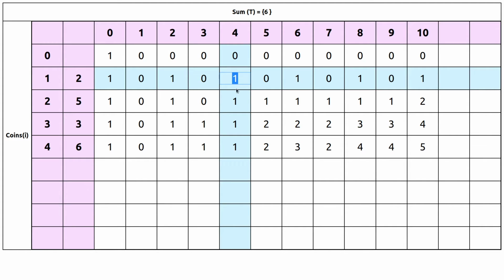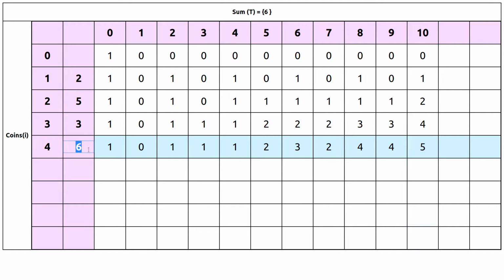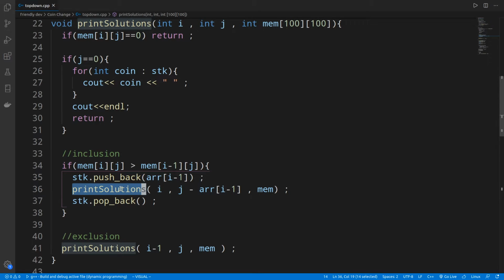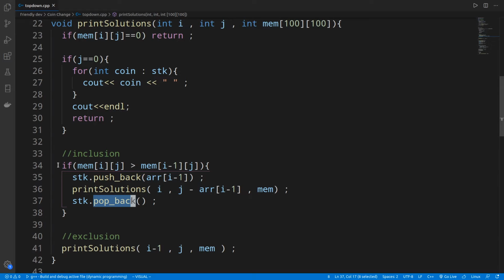All these recursive calls will continue, and we again come back at some point to the same cell with all the solutions printed which correspond to including 6. Once that is done, 6 is popped off from the stack. Once 6 is popped, this inclusion path is already taken care of.